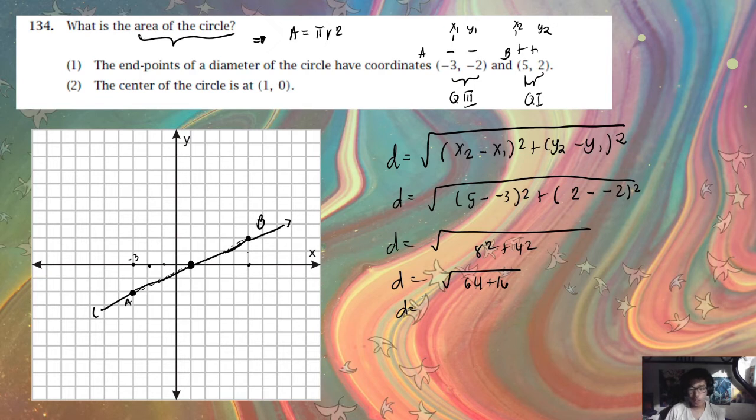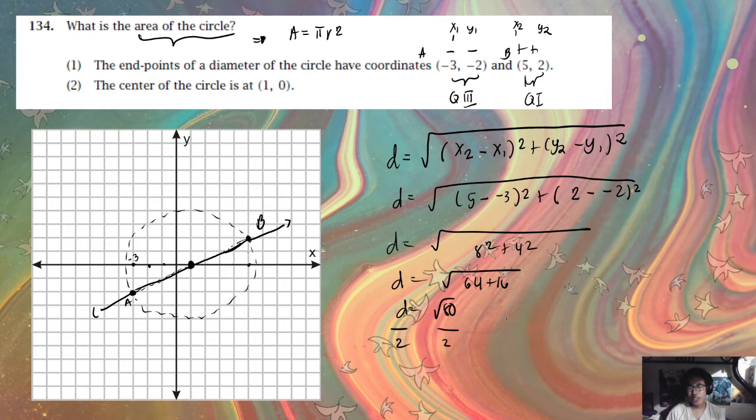There we go. That's the square root of 80, the distance from A to B, which is the diameter of the circle. Since we only want to find half of it, we just divide that by 2. If we draw the circle, it's going to look like this. It's not a perfect circle.